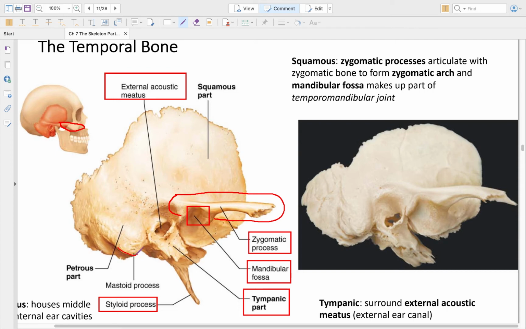Right there, that little peak or triangular shape, and then this groove or this kind of flat region is called the petrous part. And this flat region that's above the zygomatic process is called the squamous part.